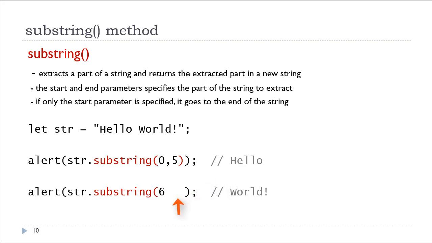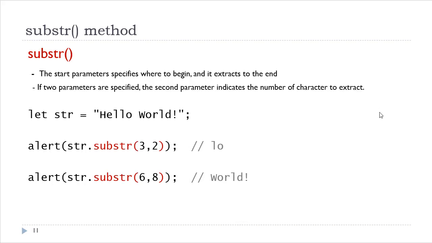If you omit the ending position, it will go from the starting position to the end of the string. We also have the substr method, which is pronounced substring. This differs from the previous two methods. If one parameter is specified, it will start at that position and extract to the very end.